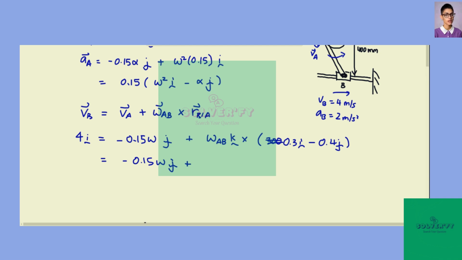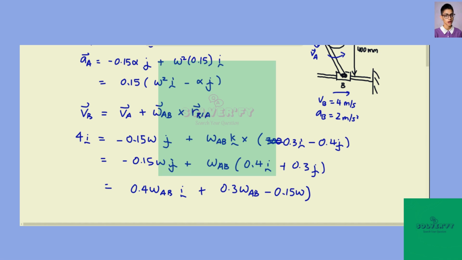Doing the cross product, we get 0.4i plus 0.3j. Then we group the terms together: 0.4 omega AB i plus 0.3 omega AB minus 0.15 omega j.